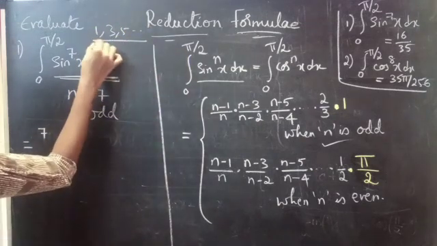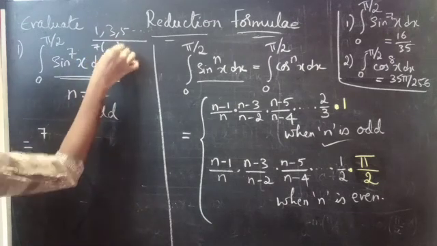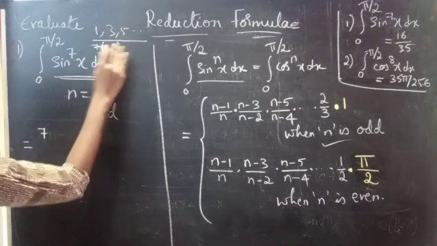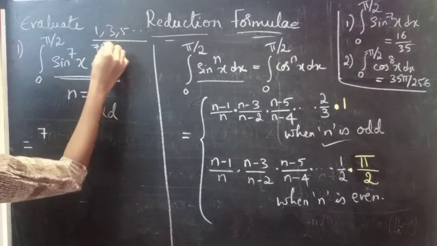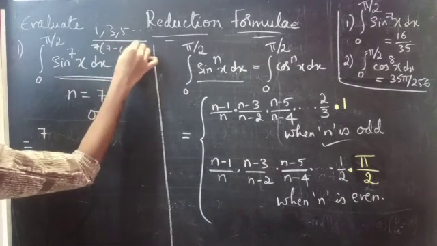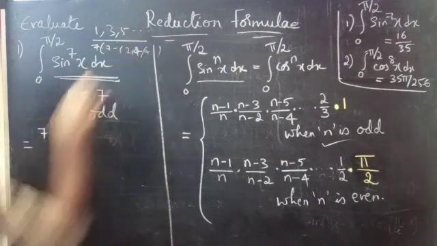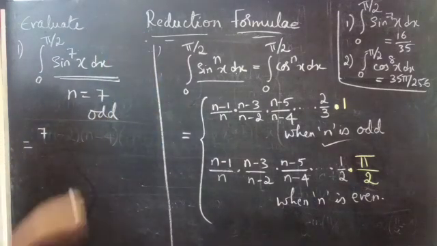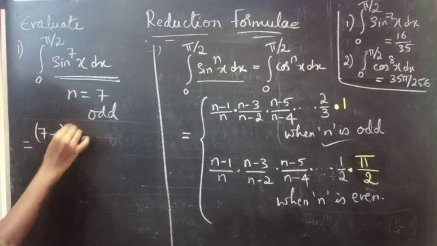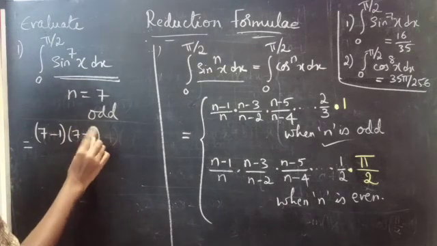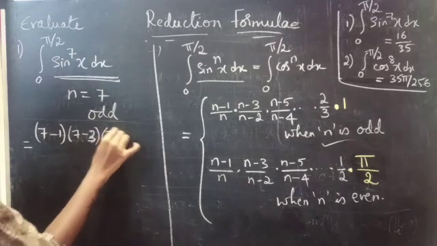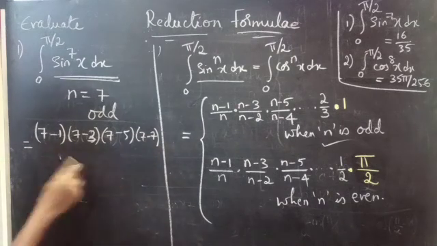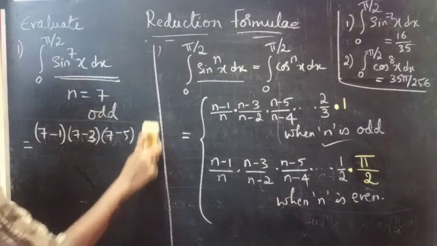And in the denominator, you multiply with 7 and subtract even numbers like 7 minus 2, 4, 6 and so on. 7 minus 1, 7 minus 3, 7 minus 5, 7 minus 7. 7 minus 7 is 0, so you can stop here itself.